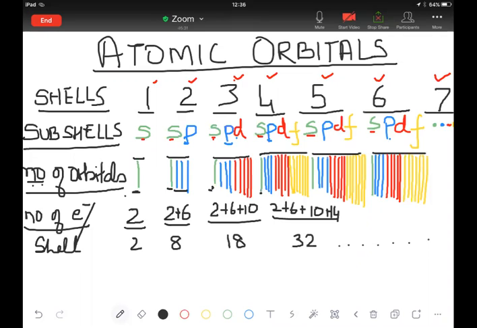These 3 P orbitals are present beginning from the second shell. The cluster of 3 P orbitals is there in all of them. They are designated as PX, PY, and PZ, which we will be coming to later in the diagrams. PX, PY, PZ are taken along the 3 axes, that is X, Y, and Z axis. All right.